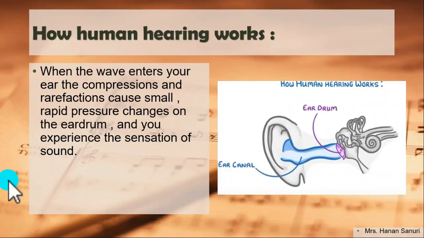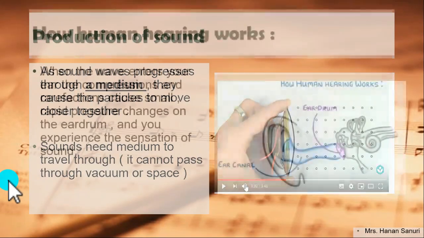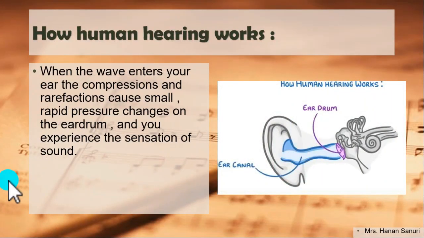Now, how human hearing works. We talked about how sound is produced. Now, how human hearing works. When the wave enters your ear, compressions and rarefactions cause small, rapid pressure changes on the eardrum.